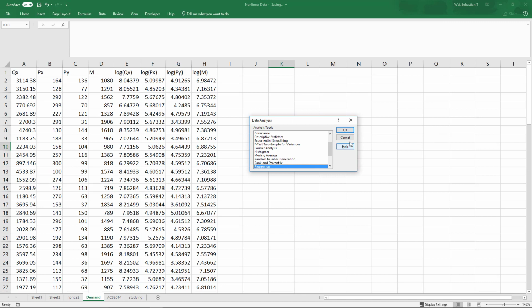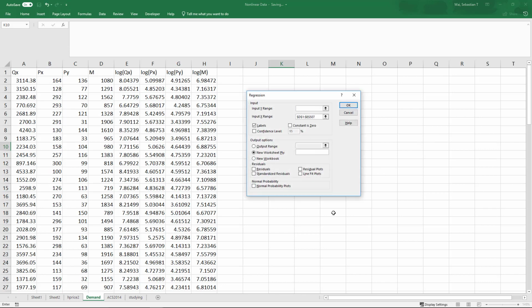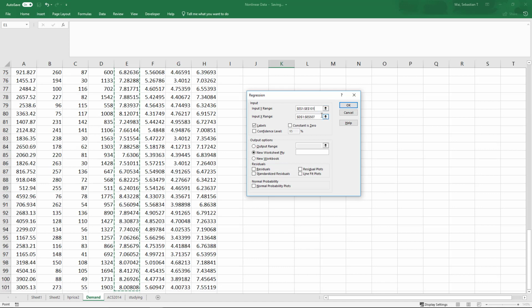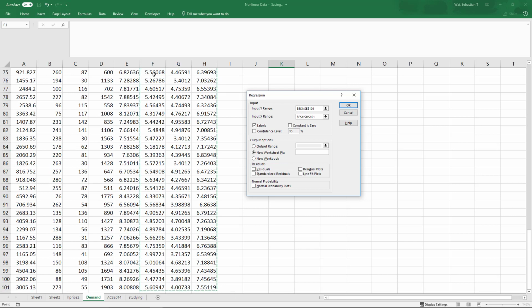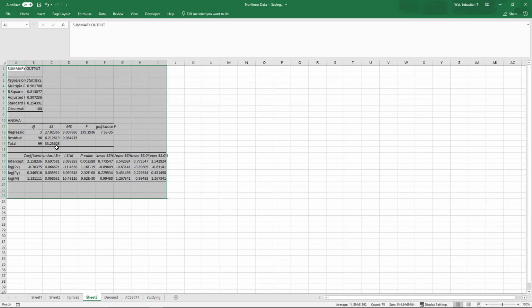Go back to regression. I will now select as the dependent variable log of q, and for the explanatory variables, the logs of our other three variables. Make sure labels is still checked and click OK.